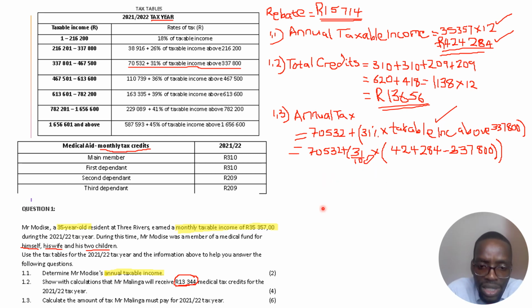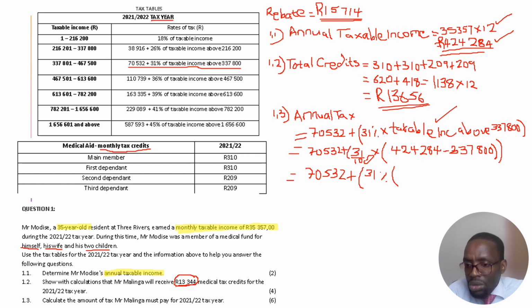Right. So in this case it would mean it's equal to 70,532 plus 31% of the amount that is above.